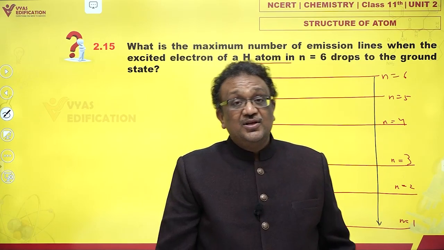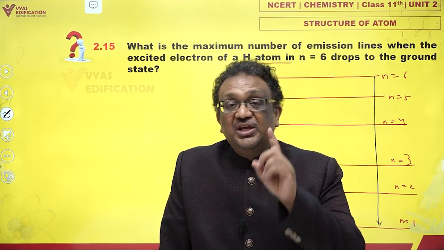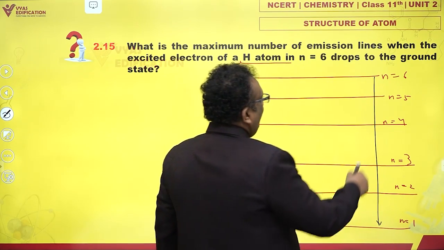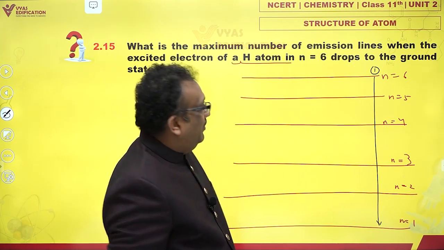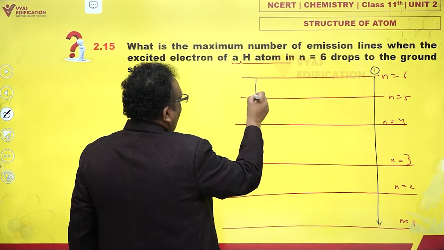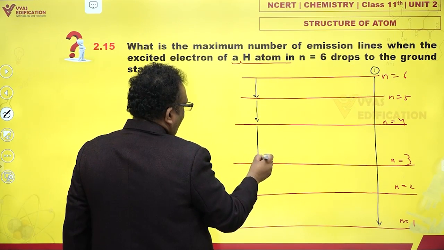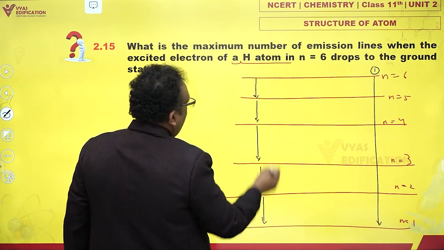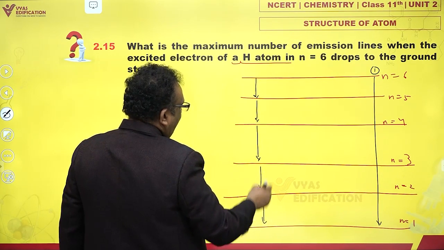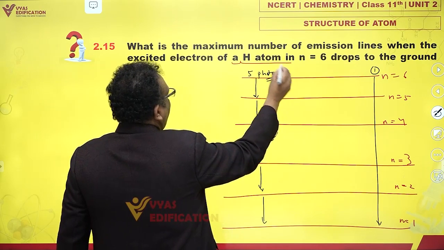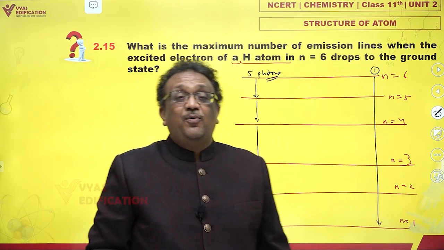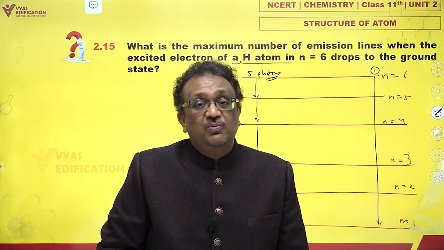And in that case, there would be a single photon. The answer would have been 1. But is it the maximum number? No. The maximum would be 6 to 5, 5 to 4, 4 to 3, 3 to 2, 2 to 1. So 1, 2, 3, 4, 5. So 5 photons, if they are emitted, that is the maximum possible number of emission lines you might possibly observe.